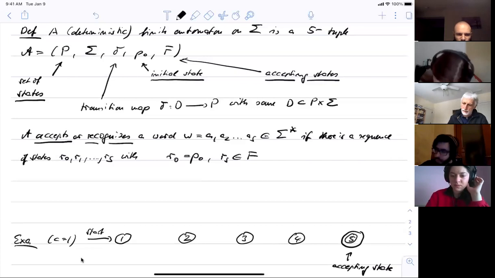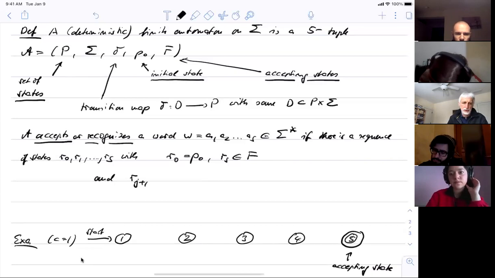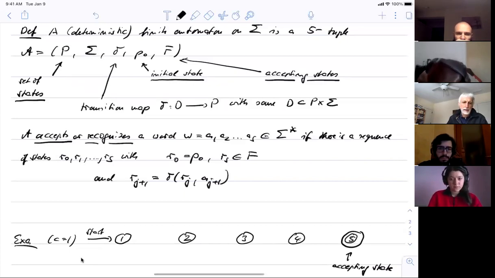And then the crucial thing is, how do we go from one state in the sequence to the next one? Well, state with index j plus 1 has to be the image of the previous state R sub j and some letter in our alphabet.